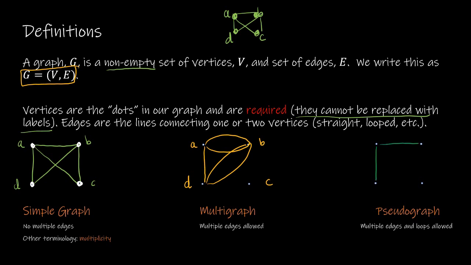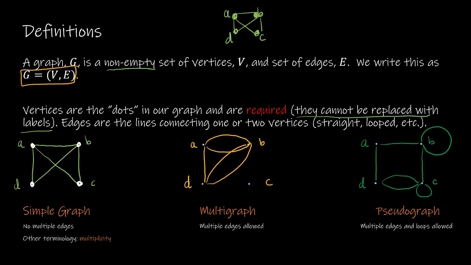It doesn't have to have multiple edges. Let me label those vertices again. But a pseudograph can have multiple edges and can also connect an edge to itself. So this would be an example of a pseudograph where I have multiple edges and loops.